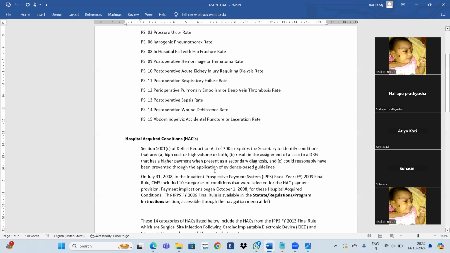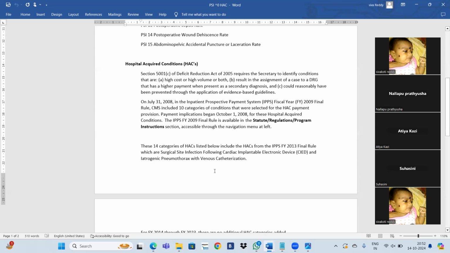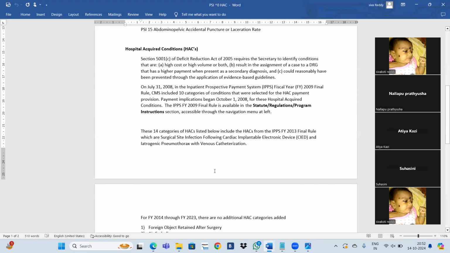Next, hospital acquired conditions. Hospital acquired means the condition must be developed in the hospital. For hospital acquired conditions, what indicator will you give?